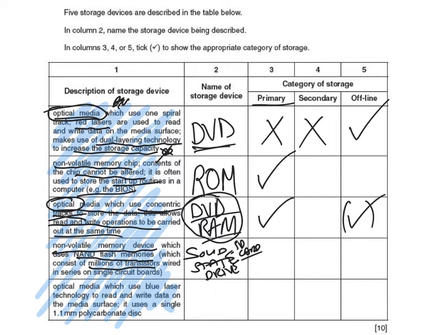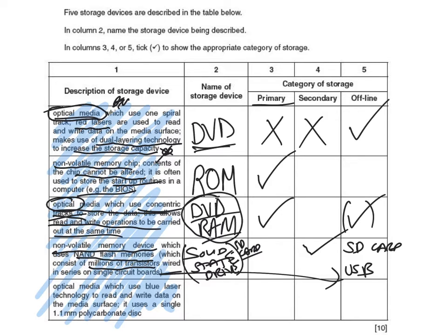So depending on what you pick, if you went for solid state drive, which is built into your computer system, that would obviously be secondary. But if you chose USB, that answers the question, but it's obviously offline, and so is SD card, because those are portable and removable. So that one's got a couple of options.